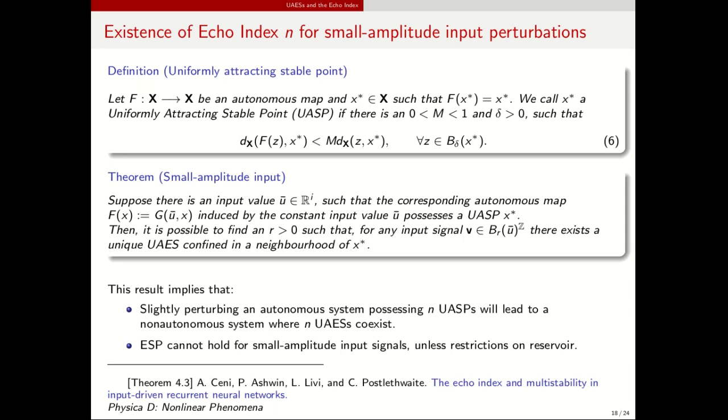That also implies that if we slightly perturb an autonomous system possessing a number n of those stable points, it will lead to a non-autonomous system where a number n of uniformly attracting entire solutions coexist. So with echo index n. And also that the echo state property cannot hold in general for small amplitude input signals unless we put some restrictions on the reservoir.